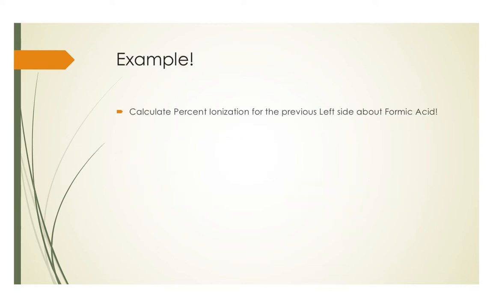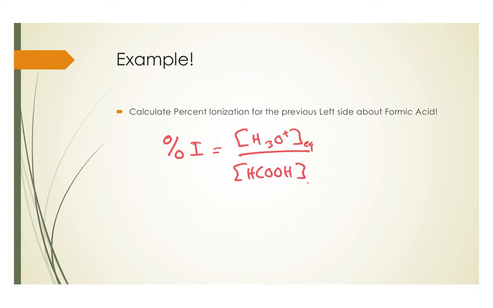Okay. So as an example, we're going to use that last problem that we did. Percent ionization equals the concentration of H3O plus at equilibrium over the initial concentration of formic acid times 100.